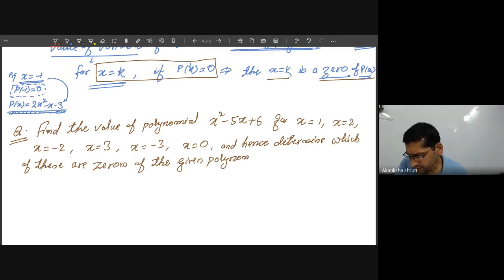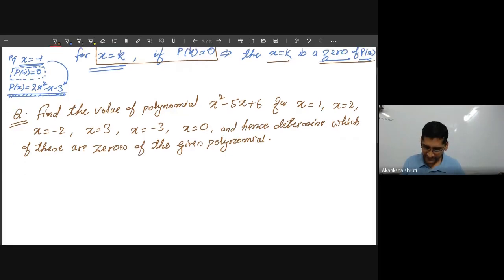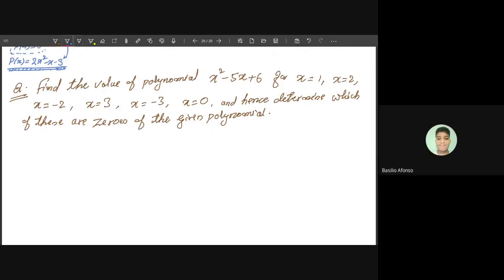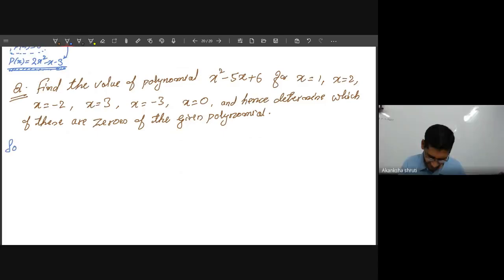Student, whatever the last question we have done, the same thing we have to do, but we have to observe the end result to check whether it is a zero or not. Let me explain one. Very good. So student, whatever the given polynomial, you rewrite it.